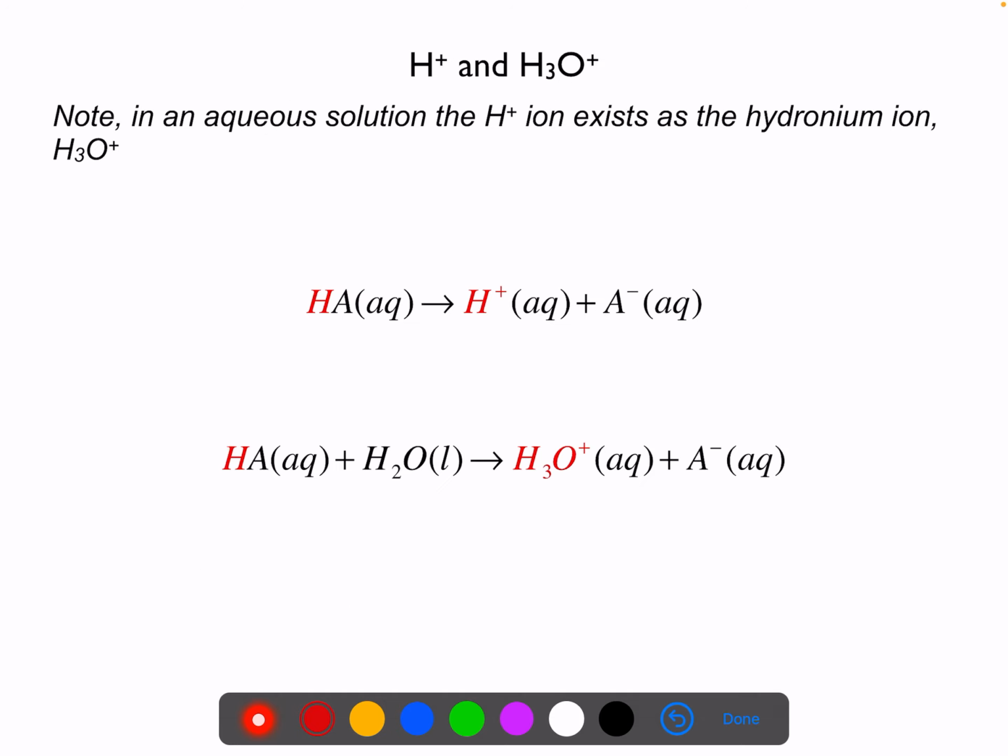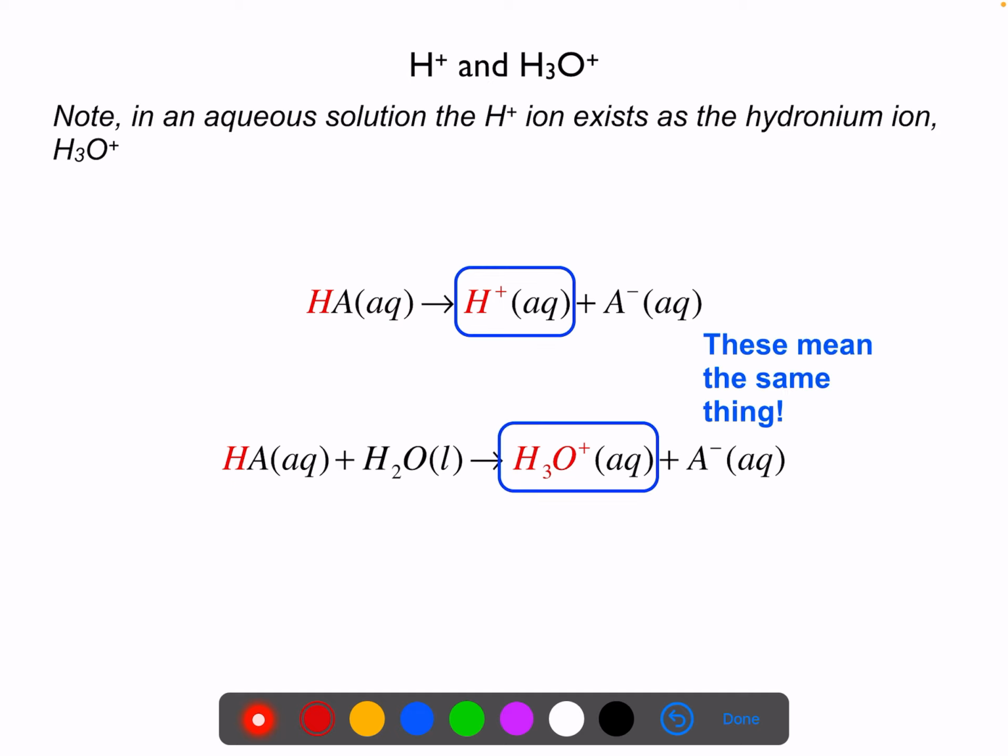Now, one quick note, as you work through your acid-base chapter and as you study acid-base further, we can look at two reactions here. The first one is HA dissociates to H plus and A minus. The second one is HA plus water goes to hydronium plus A minus. One thing I want to point out is these two reactions are exactly the same.